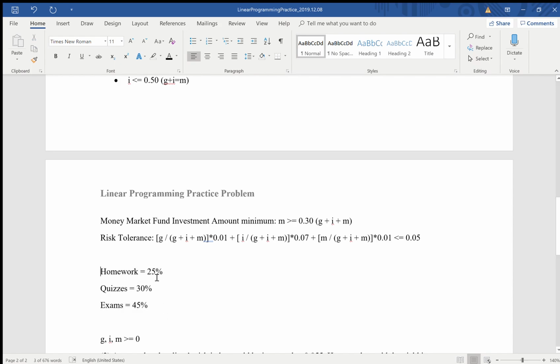And what that means is, let's say you got 100% on homework. Regardless of whether or not you did excellently, it's still only worth 25% of your grade. So let's say in this case, I got 100% on my homework, but on my quizzes, I only got a 90%, and on exams, let's say I only got a 96%.